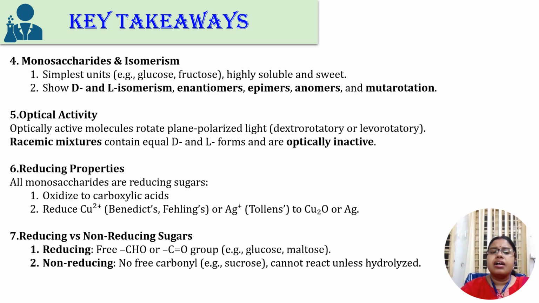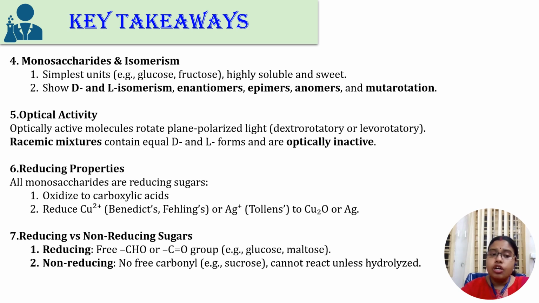Then there are different types of isomerism in the case of monosaccharides. Monosaccharides are simple units, highly soluble and sweet in nature. They can form capital D and capital L isomers, enantiomers, epimers, anomers, and mutarotation.